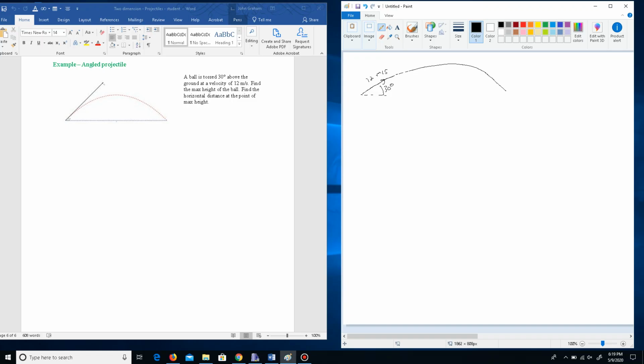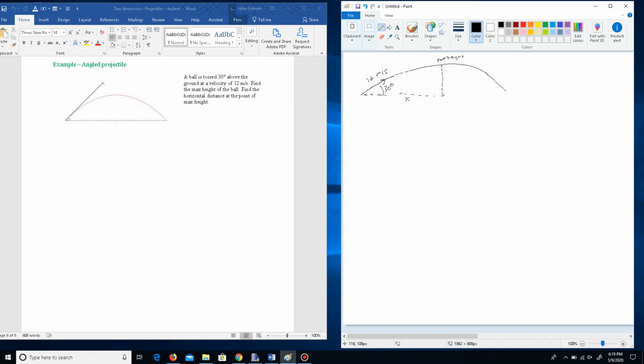Find the horizontal distance at the ball's max height. So I say this is the max height, up here, max height. And then they're wanting this distance.